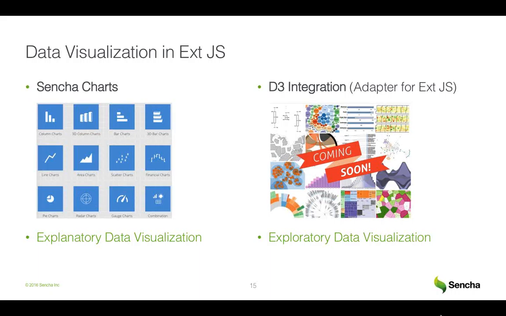And the second piece that we are adding to ExtJS is basically D3. Since D3 has already become so popular in the exploratory data visualization world, we are creating an adapter that will allow you to bring D3 into ExtJS apps and use D3 capabilities for exploratory data visualization.